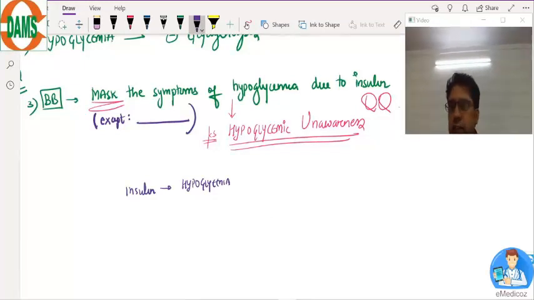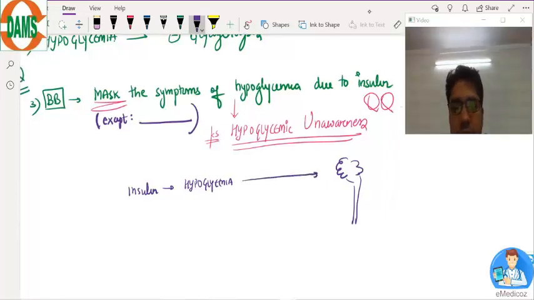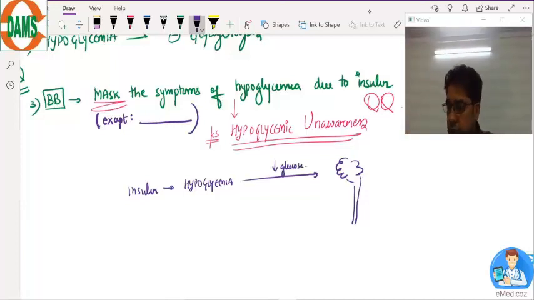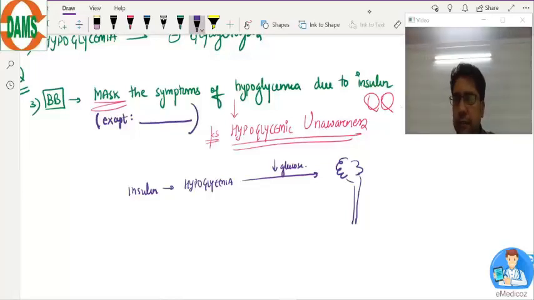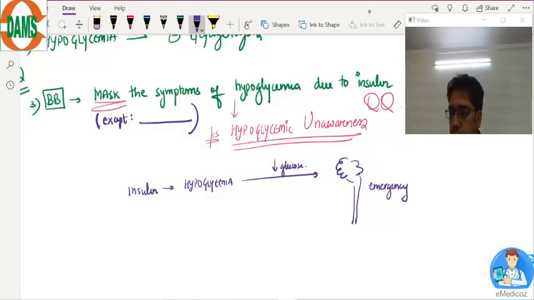If there is hypoglycemia, the brain will get less amount of glucose. Don't you think it is an emergency?